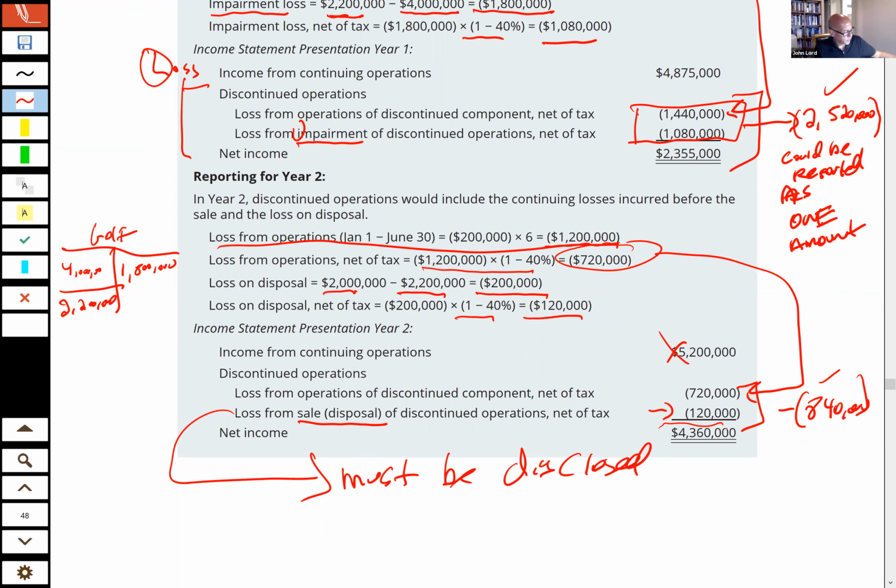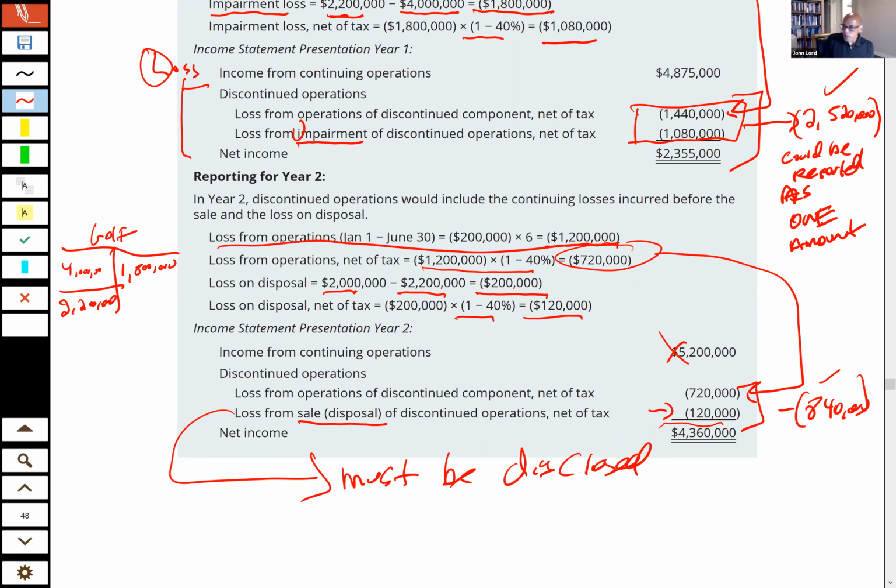Question? Are you saying if they show it this way, they wouldn't have to disclose it because they did separate that as a line item? Well, technically it is being disclosed on the face of the financial statements. So I should probably say must be disclosed, which is correct. It could be in the footnotes as well, though. Gotcha. I see what you're saying.